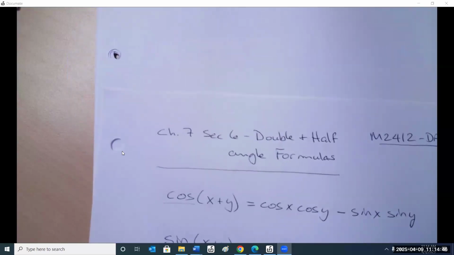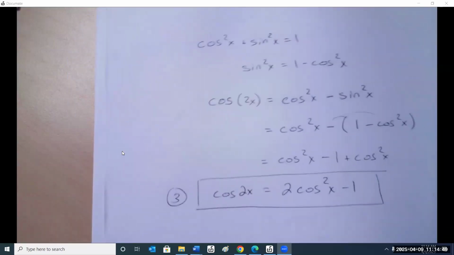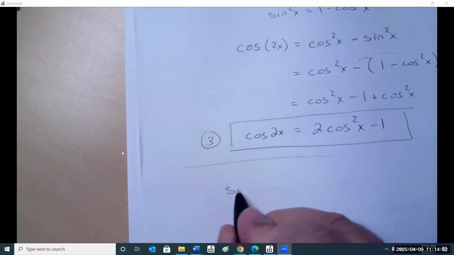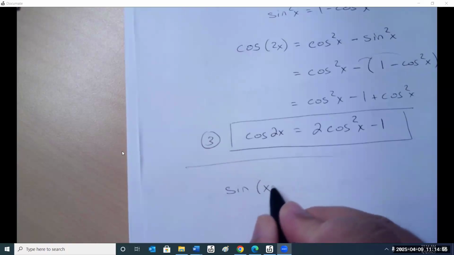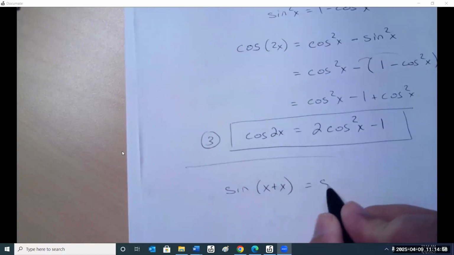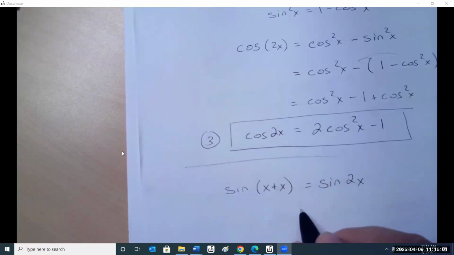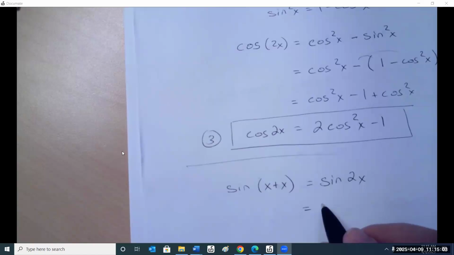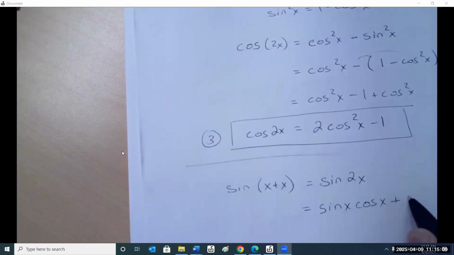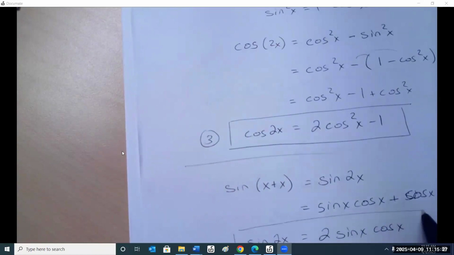Let's look at the one with sine now. We know that sine x plus x will give us sine of a double angle, which would be sine x cosine x plus cosine x sine x, which would mean 2 sine x cosine x, which is my fourth formula.